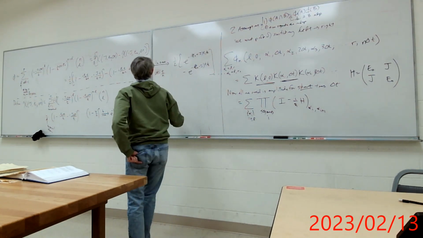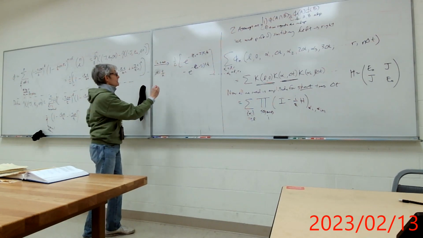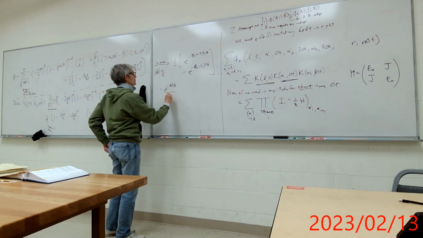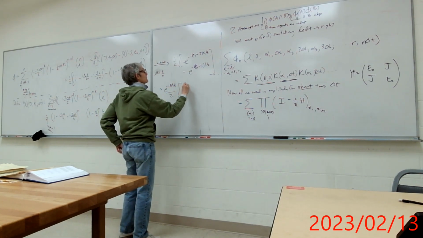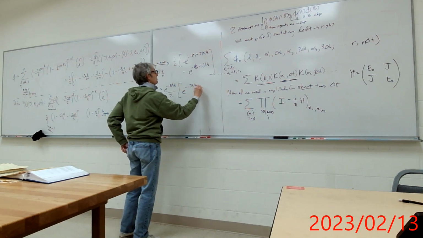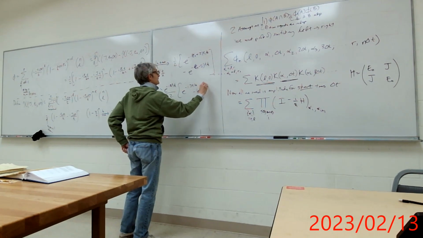All right, you can see that this is just e to the minus i e naught t over h bar over 2 times [e to the minus i j delta t over h bar minus plus i j delta t], excuse me, not delta t over h bar.